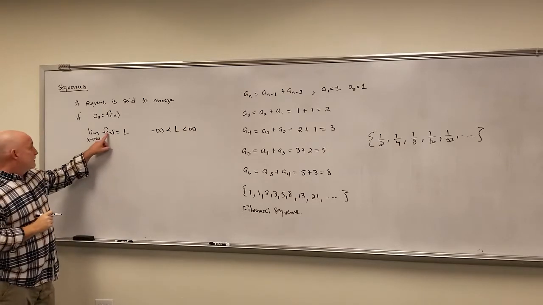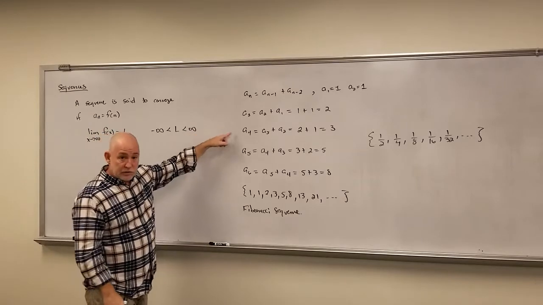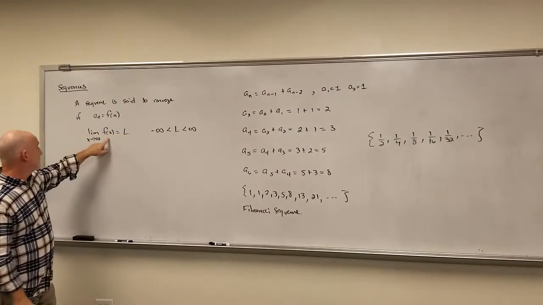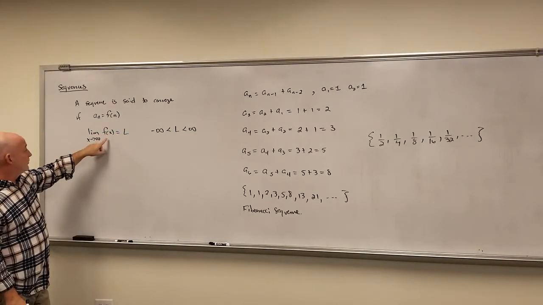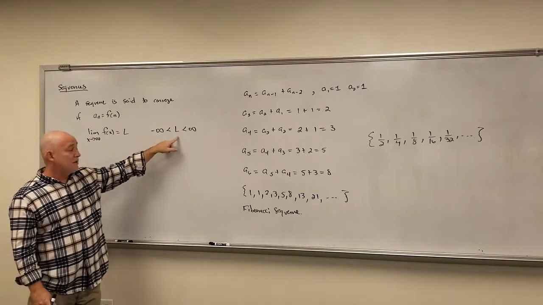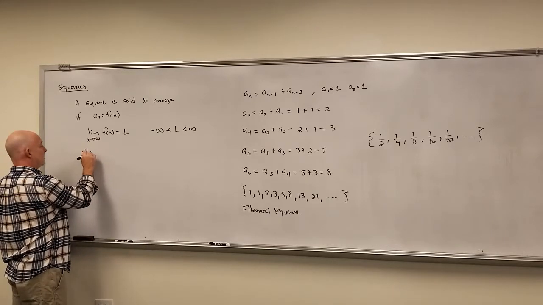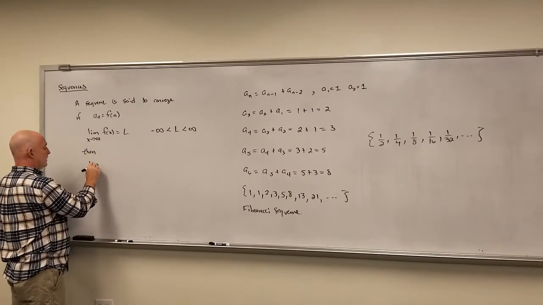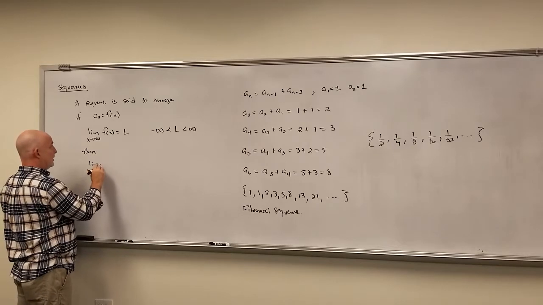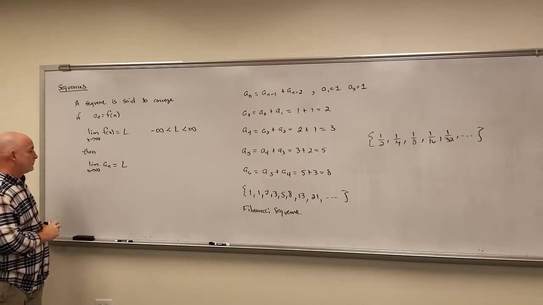So if we think about this instead of in terms of n being an integer, n had to be 1, 2, 3, 4, but if we think about it in terms of a continuous variable, just x, any x, if that limit goes to a value that falls between negative infinity and infinity, it converges. If that's true, then the limit as n goes to infinity of a sub n is also that value L.